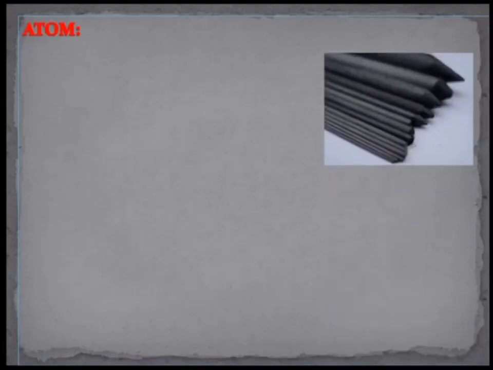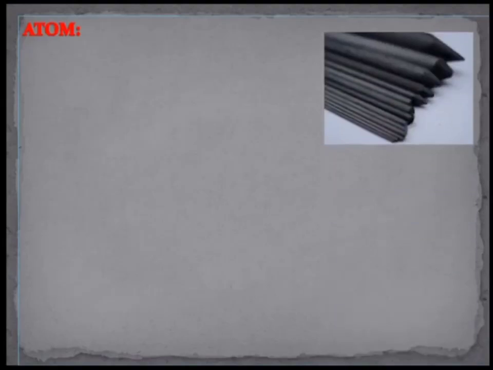Atom. See this picture. The graphite refill used in pencils is made up of an element called carbon. We can break the graphite into smaller and smaller pieces using a knife.